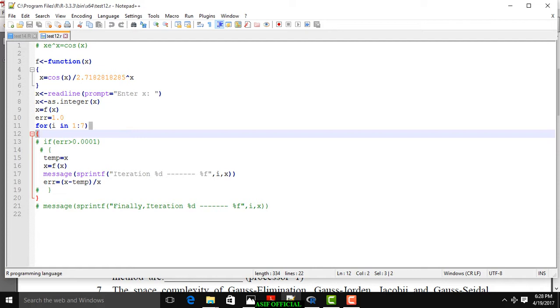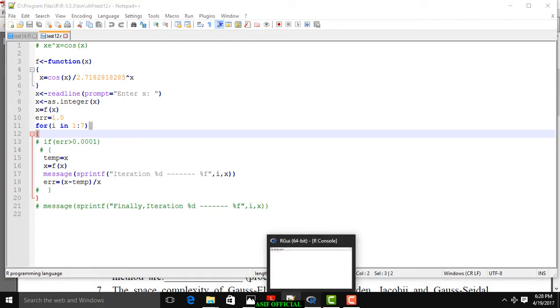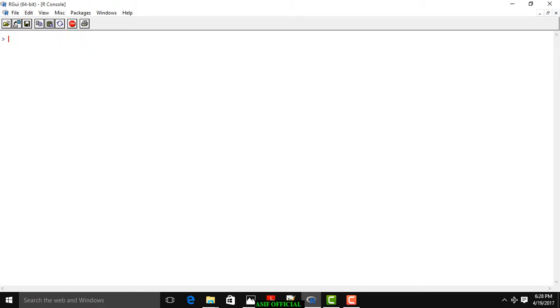We put the value of temp as x, and x is assigned as f of x, and the message is printed. Now we are going to execute our R program. My program name is test12, with the extension .r. I am going to execute it, and let's press enter.